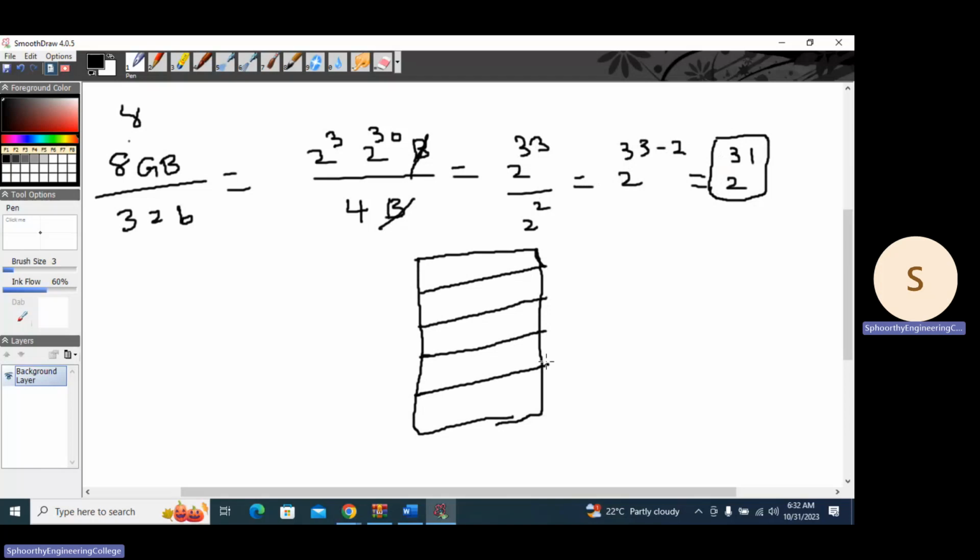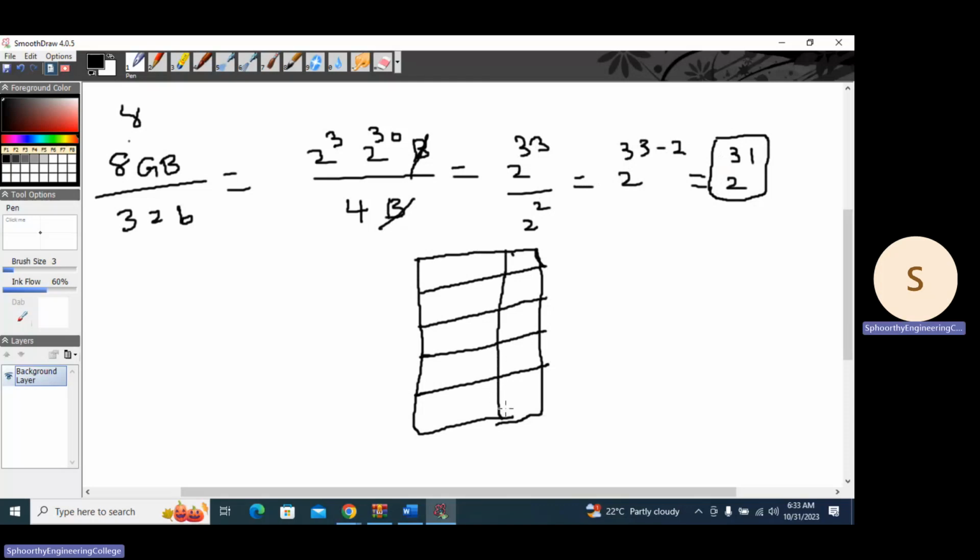How many pieces am I getting? I am getting 2 power 31 pieces. It's a very big number, right? And in each row, the size of each piece is 32-bit. 32-bit means 4 bytes. So in each row I'll get 4 bytes.